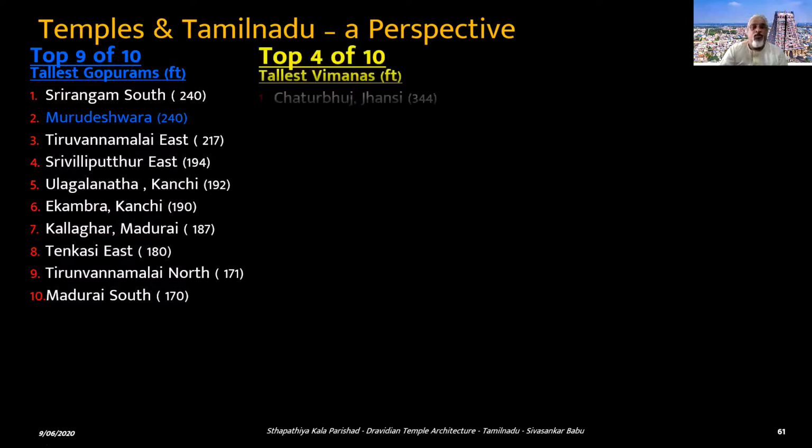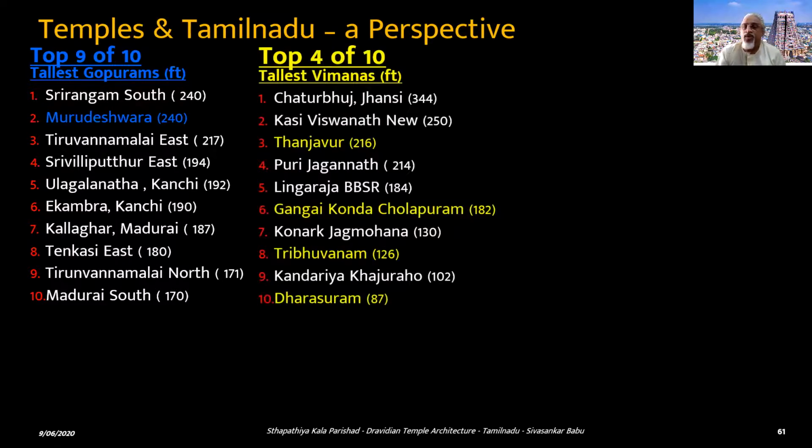This is one perspective. Second one, in terms of Vimanas, if you see the height of Vimanas, the top 4 out of 10 are from Tamil Nadu. The major ones are Tanjavur, Gangaikonda Cholapuram, Tribhuvanam and Darasuram, which are the 4 grand temples built by Cholas in their heartland. The cake is taken by the Chaturbhuj temple in Jhansi, which is said to have 344 feet.